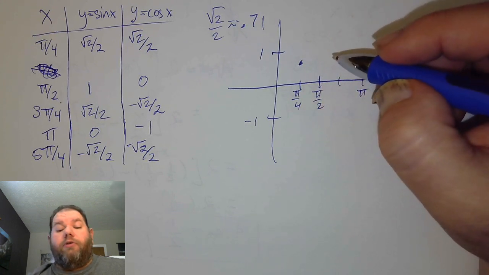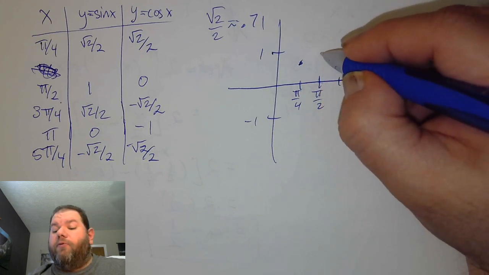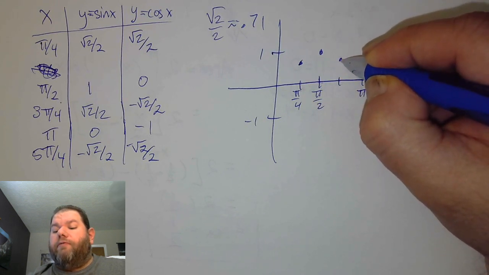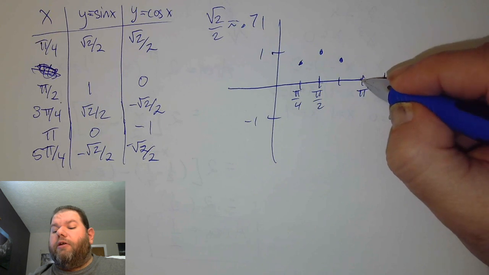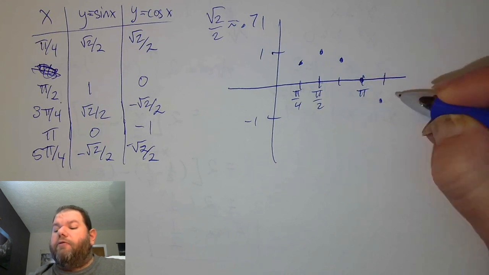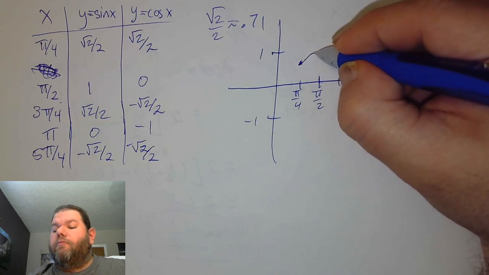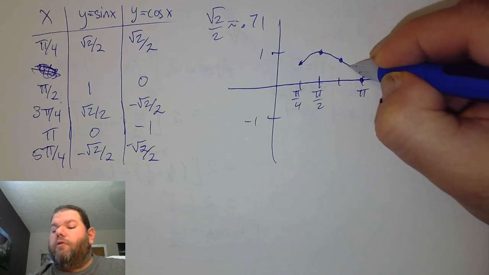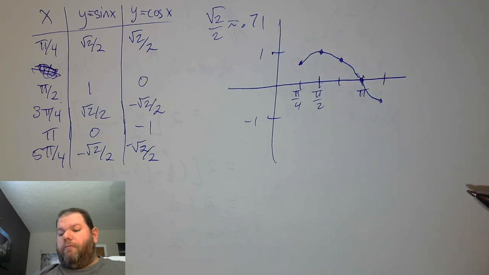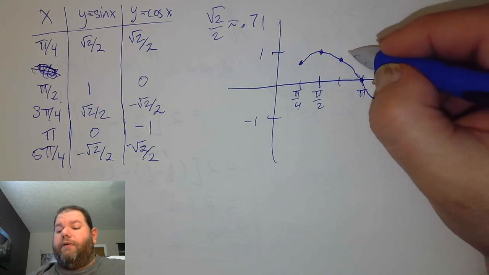And then let's work on the sine first. Sine goes up to 1 at pi over 2, back down to root 2 over 2, and down to 0 at pi, and then to negative root 2 over 2. And so there's our curve for sine x.